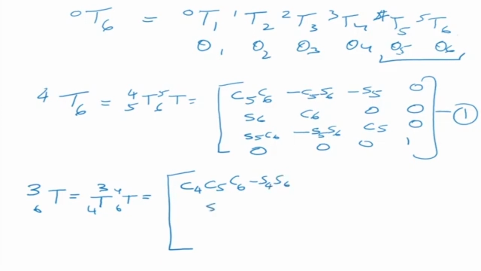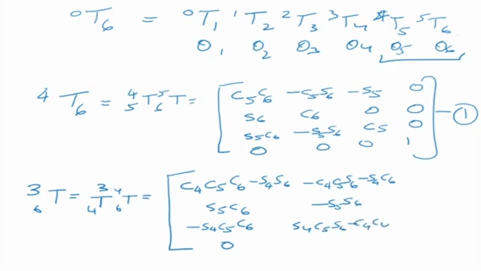The second term is S5 C6, then it is minus S4 C5 C6; this is the first column. The second column is minus C4 C5 S6 minus S4 C6. The second term is minus S5 S6, and here it is S4 C5 S6 minus C4 C6. And this is C4 C6.